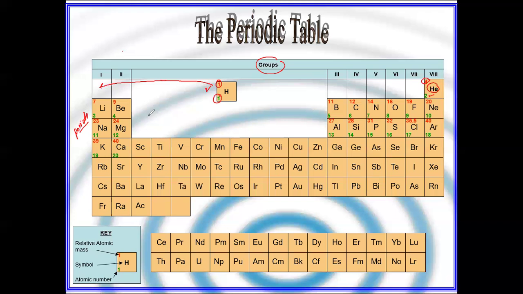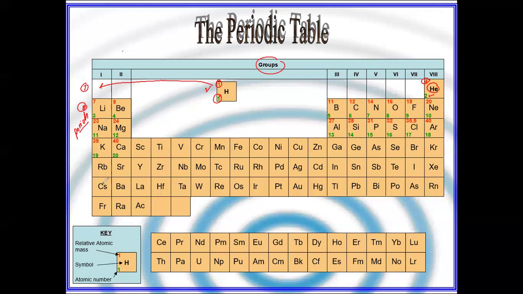After that, when we are talking about the second period, this is the first period. This is the second one. In the second period, you can see there are almost the same number of elements. The first period is the shortest period. Second and third are short periods. 4 and 5 are long periods.